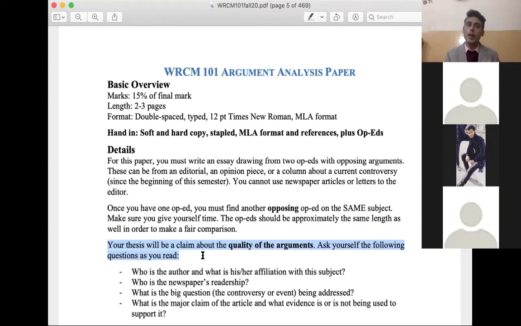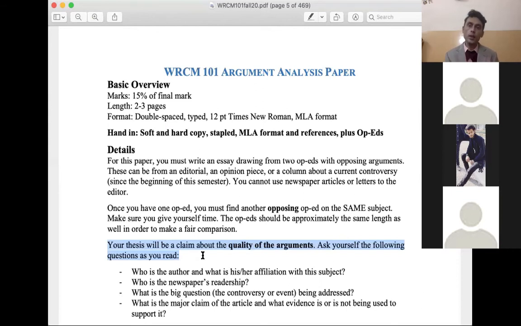I want you to describe what the claim is in the first article, what reasons the writer uses to support that claim, what evidence the writer has for each reason, whether the evidence is reliable, verifiable, concrete and accurate. You have to do this for each of the two articles that you have.